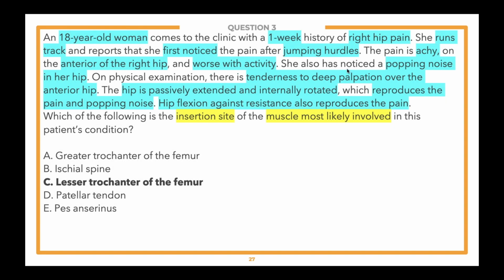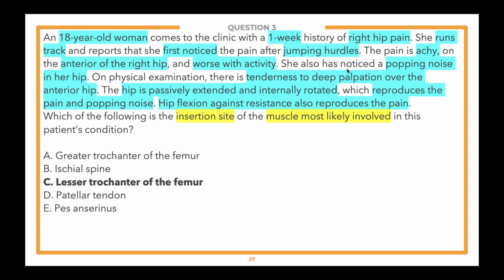Thank you, Sean. Yeah, it's definitely a tough question here. So let's take a look at what's going on. You can see here that this patient is having some pain on the anterior hip. And we know that this patient is a hurdler, okay? Oftentimes patients who do track and field, ballet, or gymnastics have what's called tendinopathy of the iliopsoas muscle, okay?